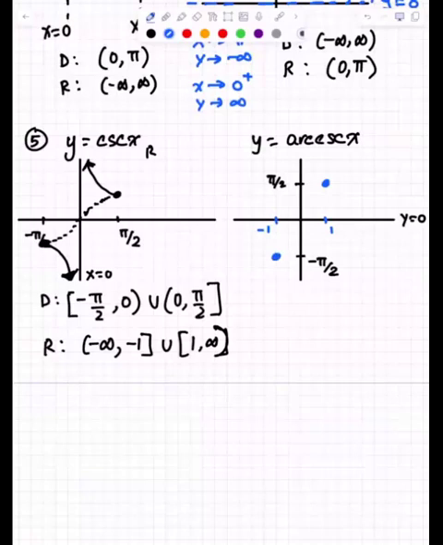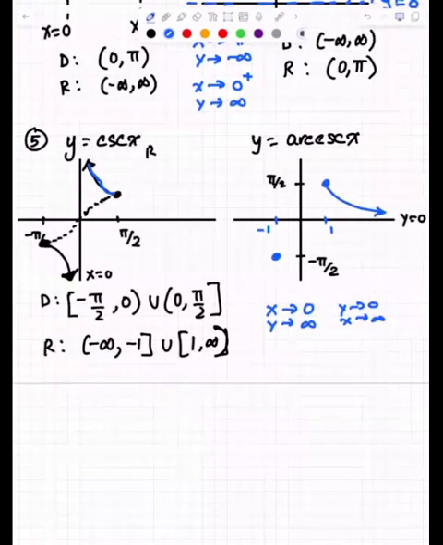Okay, now let's see the behavior. As x is going towards 0, y is headed to infinity, right? So in our inverse case, y heads towards 0 as x goes towards positive infinity. Boom. Okay, and what about the other side?